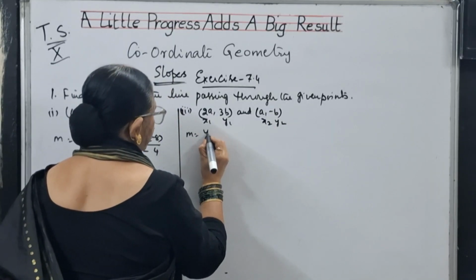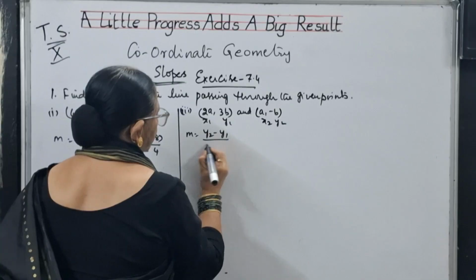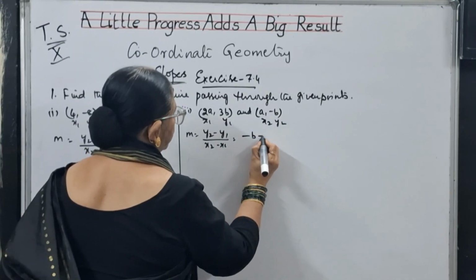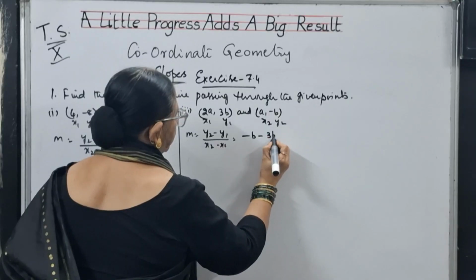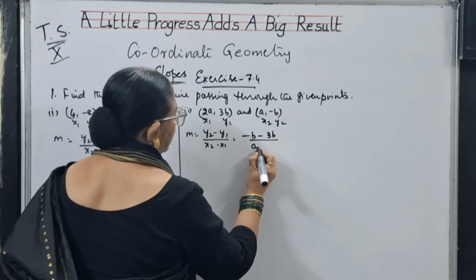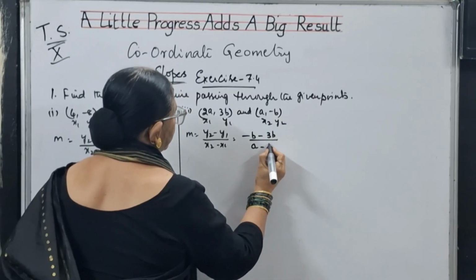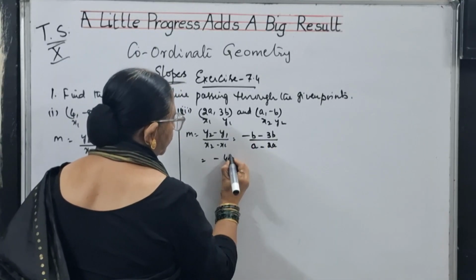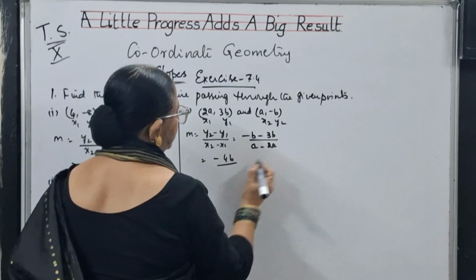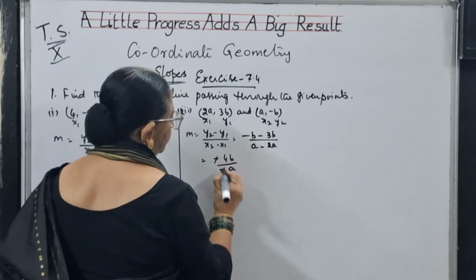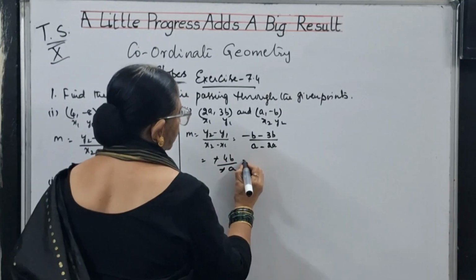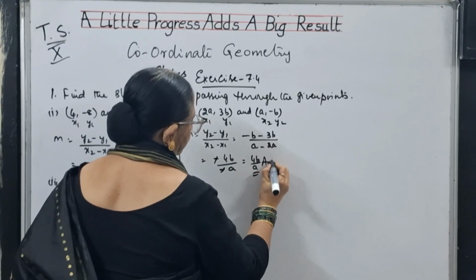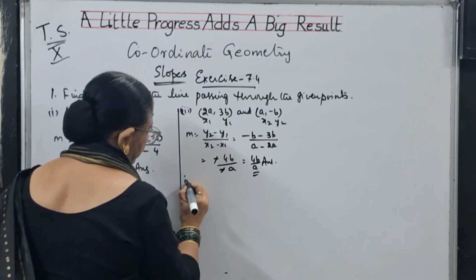M is equal to y2 minus y1 by x2 minus x1. y2 minus b, minus y1 3b, by x2 a, minus x1 2a. So how much am I getting? Minus 4b by a minus 2a, minus a. These two will get cancelled. So the answer is 4b by a. This is the answer for third bit.